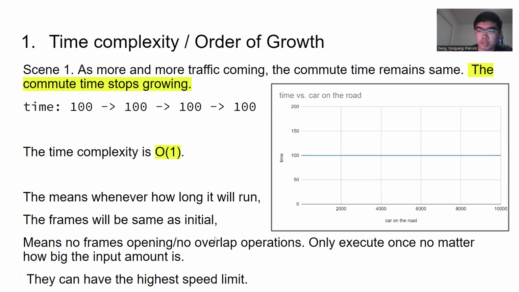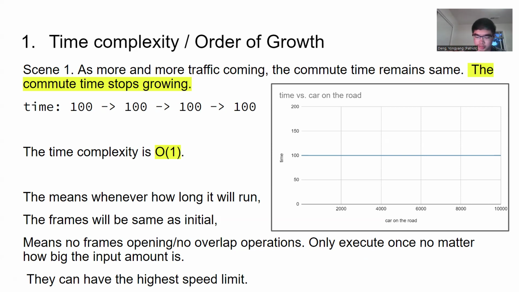You will not open a new frame, you just keep one frame. So there will be no frames opening and no overlapping operations. It executes once, no matter how big the input amount is, so it has the highest efficiency.